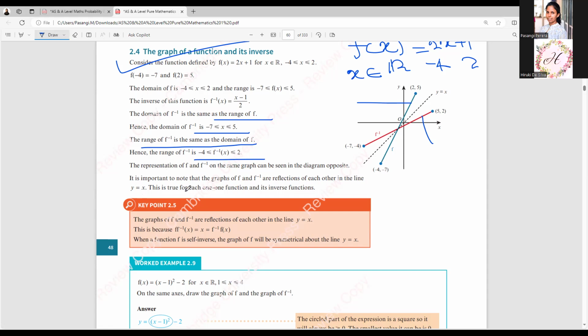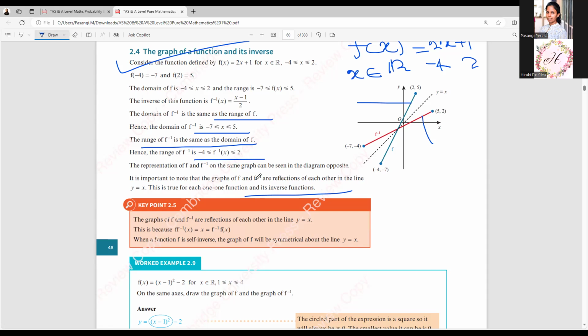So this is true for each one-to-one function and its inverse function as well. This is only true for one-to-one functions. The key point is that the graphs of f and f inverse are reflections of each other in the line y equals x, and this is because f f inverse x and f inverse f x are both equal to x.